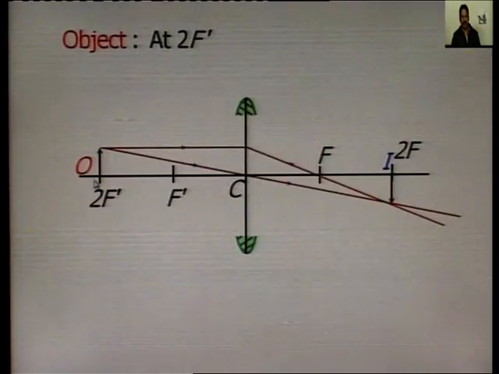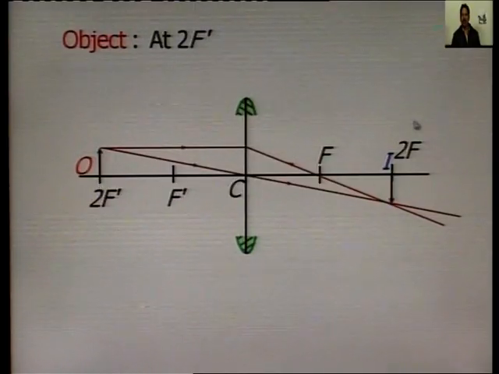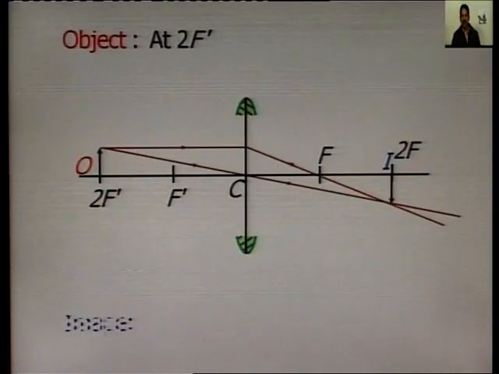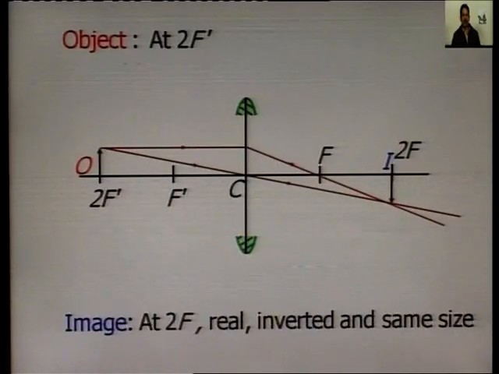So, when the object is at 2f, image formed is also at 2f, and as the rays of light are actually meeting, the image formed is real, inverted and of the same size, as you can clearly see that size of the image and size of the object is same.